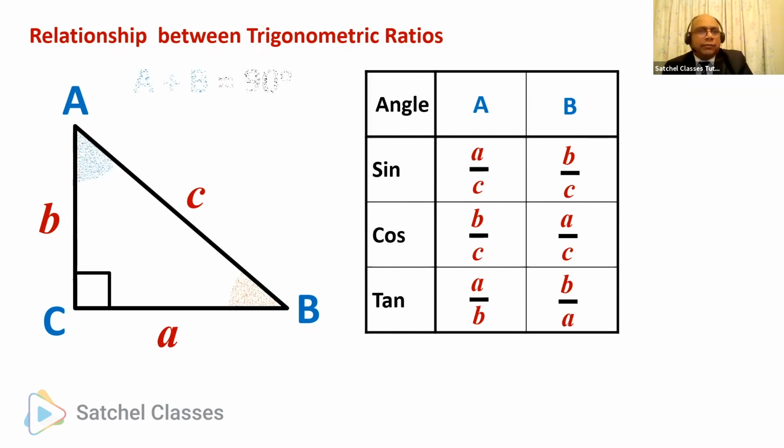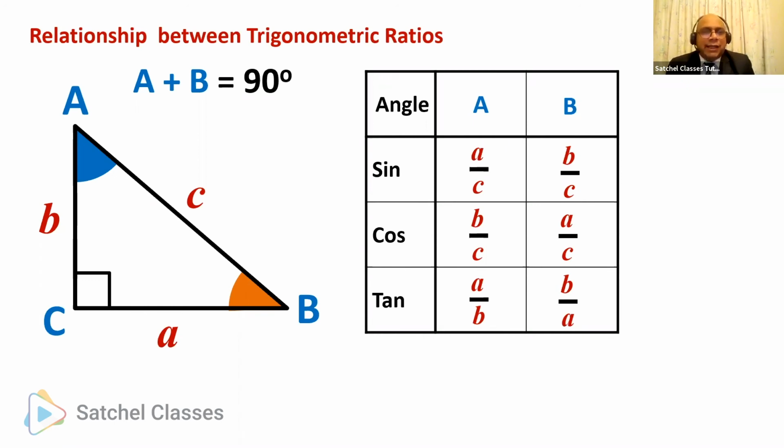Now, if you look at the angles carefully, you will realize that angle A and angle B should add up to 90 degrees because all three angles of a triangle should add up to 180 degrees. And if one of the angles is 90 degrees, the other two angles should add up to 90 degrees, right?